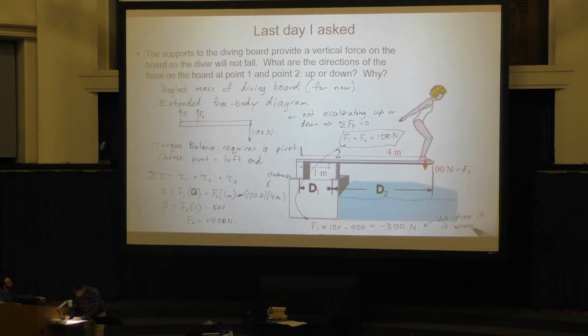So in order for this diving board to not fall, you actually need a negative normal force on the point 1, which sort of makes sense, right? It has to get hooked on here by a hook. It has to pull down with 300 newtons, and then push up with 400, and then down with 100. Sorry, 300 down, 400 up, 100 down. Makes sense?